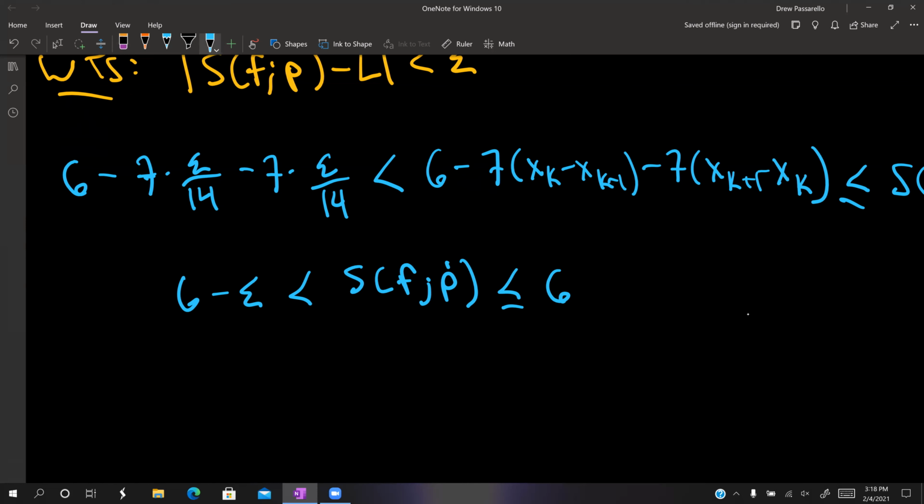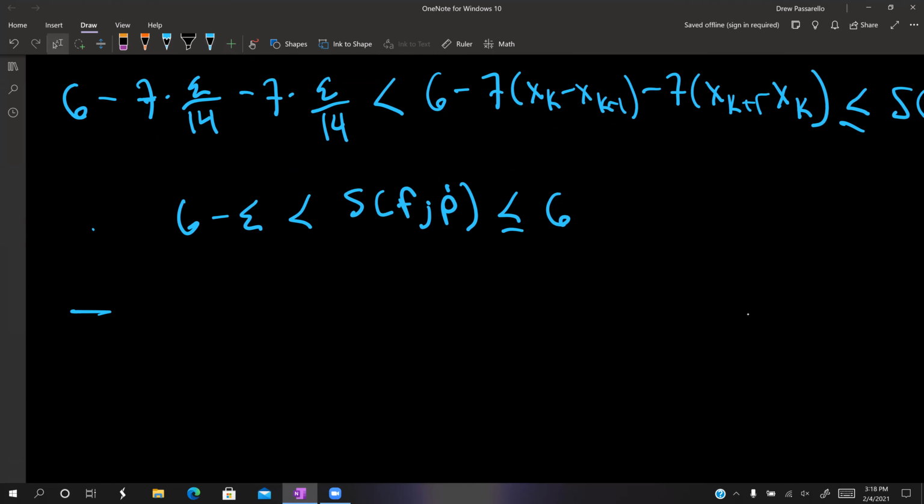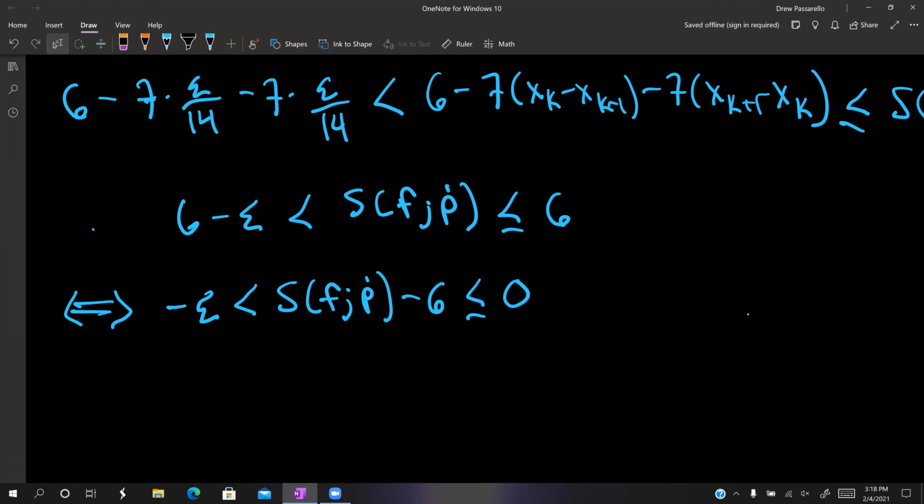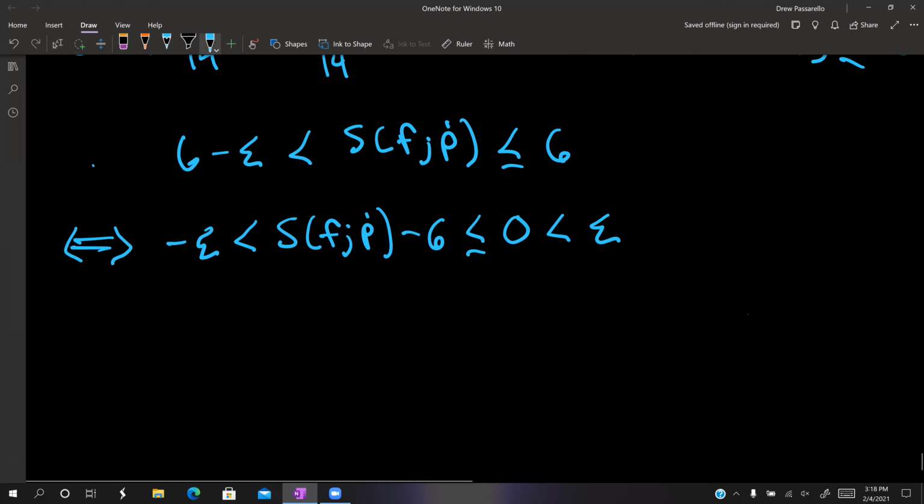So we can subtract 6 from everything. So that's if and only if negative epsilon is less than our summation, the Riemann sum, minus 6, and then subtracting 6 from 6 is less than or equal to 0. All right, well, certainly for any real number that's bigger than 0, this would be less than or equal to 0, which is less than any positive number epsilon.